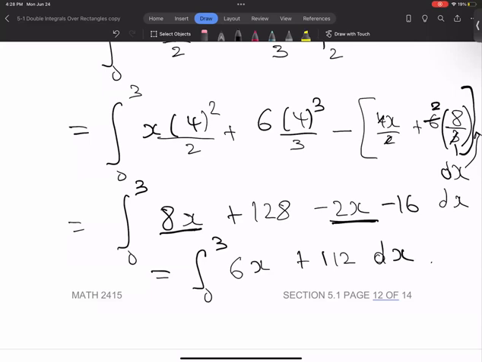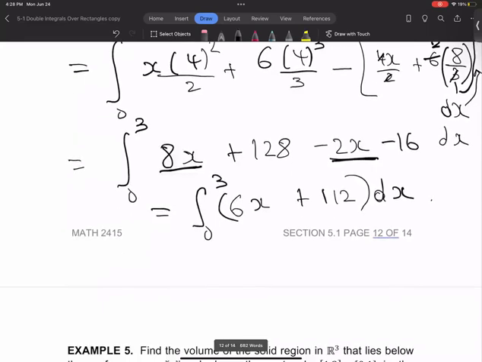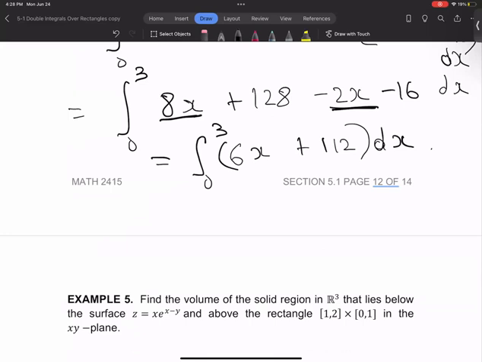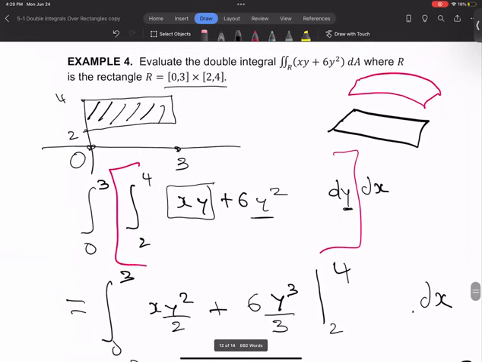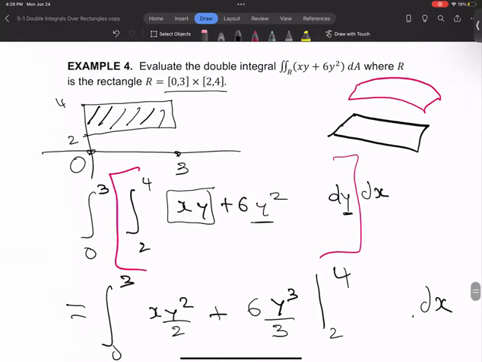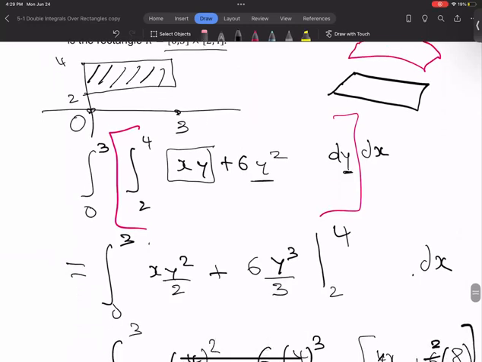Now I need to integrate this with respect to x. So you see the y disappeared. If I integrate with respect to y, the y needs to disappear because I evaluated between 2 and 4.